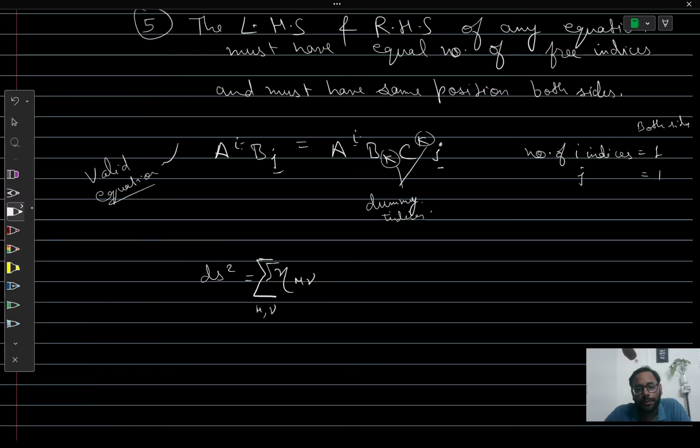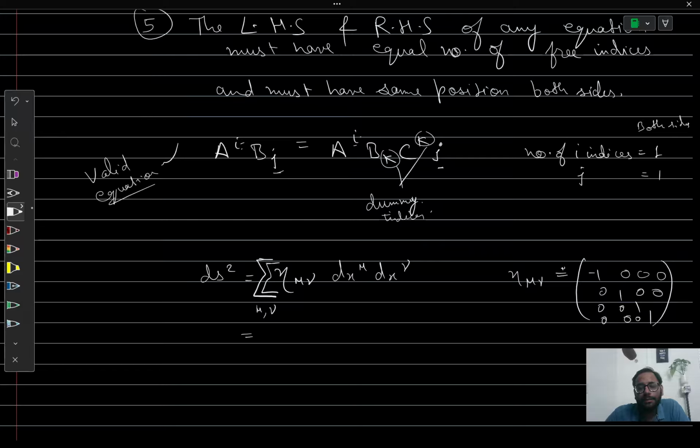There are two summations. We have already discussed this before, so you remember this, right? Your metric representation was something like -1, 1, 1, 1 on the diagonal. This was your Lorentz metric, right?